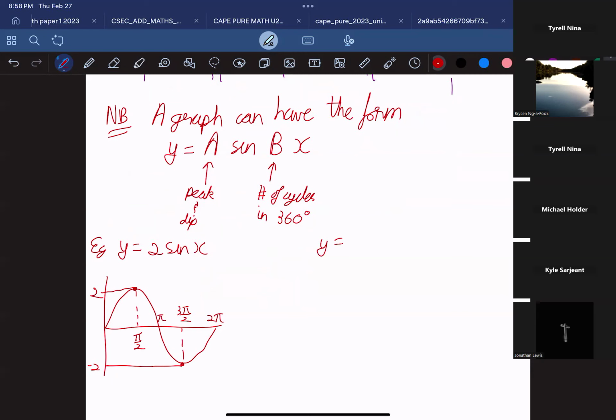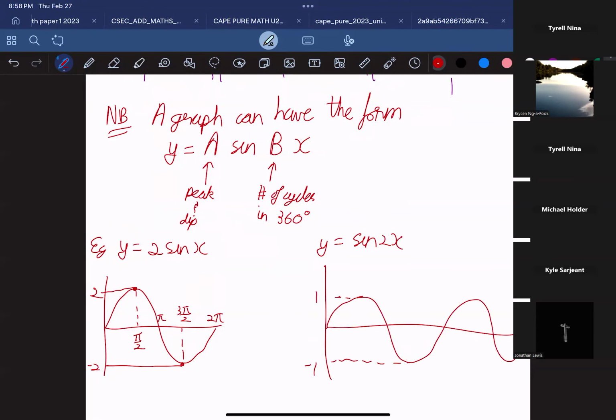If I have y is sine 3x, that means I have 3 cycles. Let's make it easier for me: 2x, I'll have 2 cycles. 1, 2. It'll still go to 1 and minus 1.